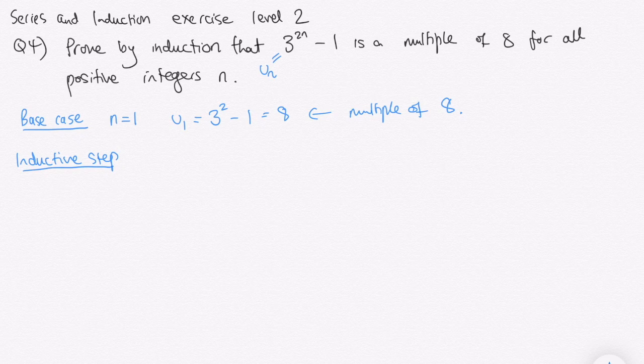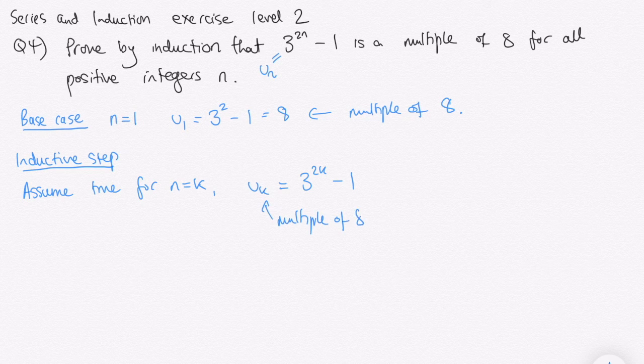And we are going to assume this is true for n equals k. So what are we assuming? We're assuming that uk, which is equal to 3 to the 2k minus 1, is a multiple of 8. And if it's helpful, we can say we are assuming that this is equal to 8m for some m.